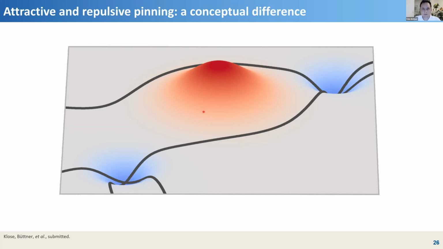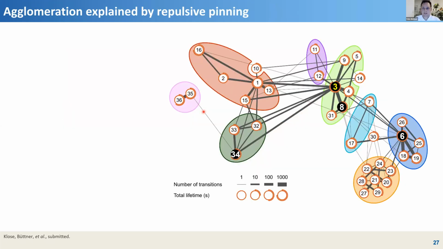Now, let me illustrate this based on the example of state 3 and its transitions to states 8, 6, and 34. So first, looking at the transition between state 3 and 6, which are the two most frequently observed states in our experiment.